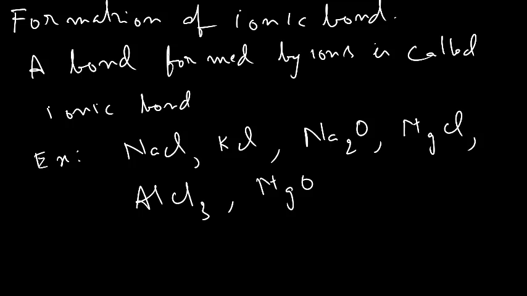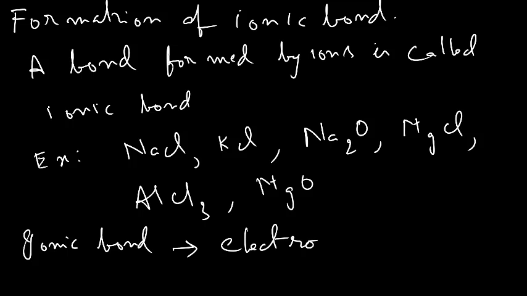An ionic substance is one in which an ionic bond is present. The other name of ionic bond is electrovalent bond.